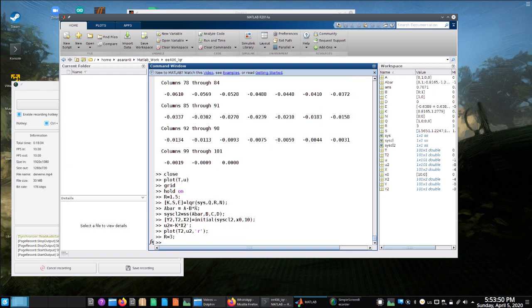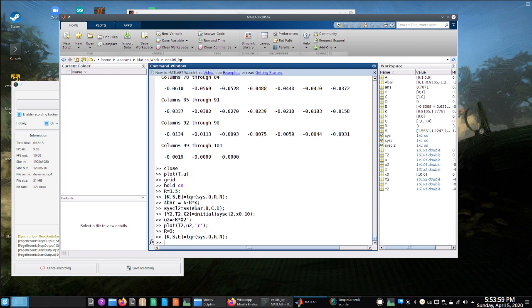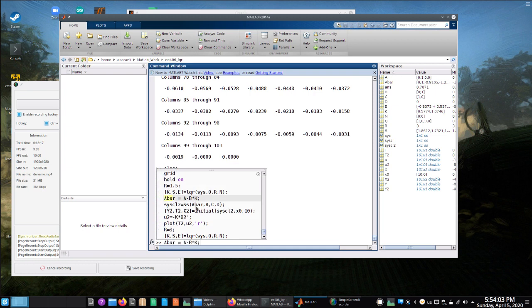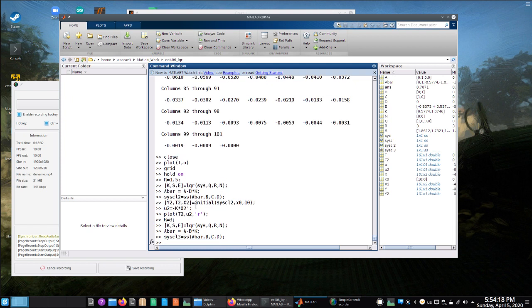Okay, so we have R changed. Now recalculate our LQR, then recalculate our A bar, and what else? Okay, we have sys closed loop 3, which is the new system with the recalculated A bar.